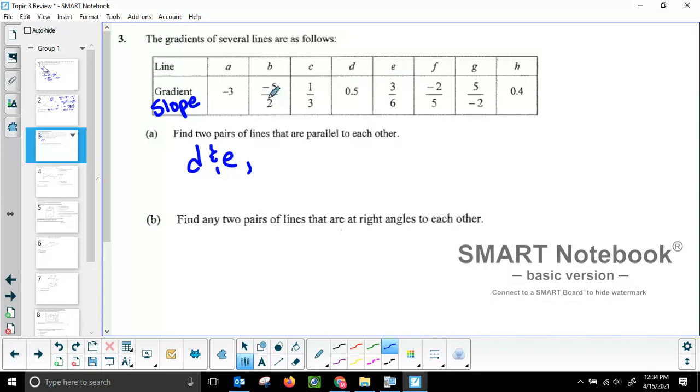And B and G, because it doesn't matter where the negative is. A negative over a positive is a negative, and a positive over a negative is a negative. So these are going to be the same regardless.